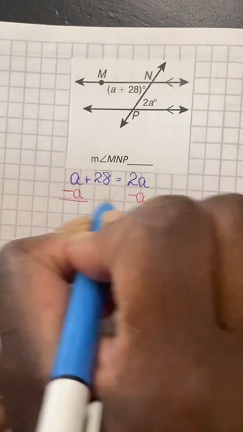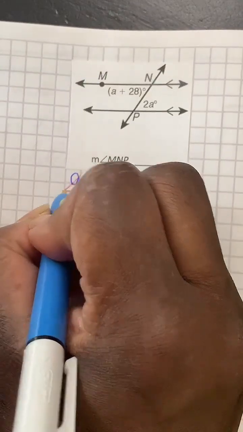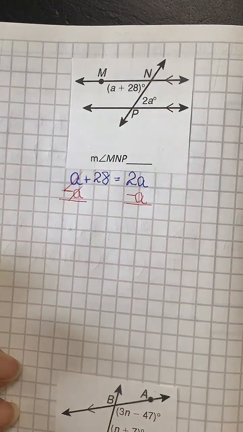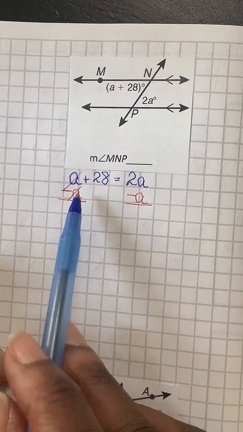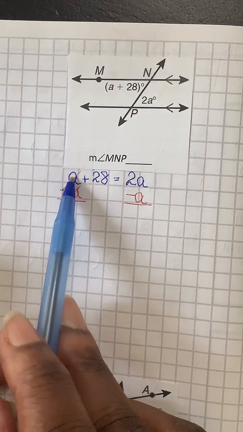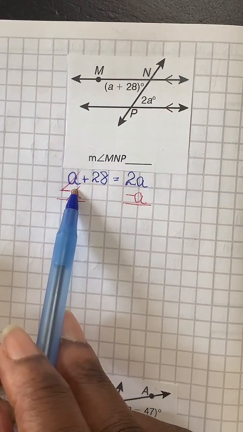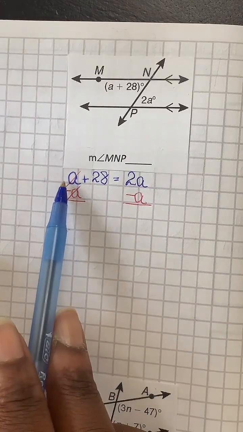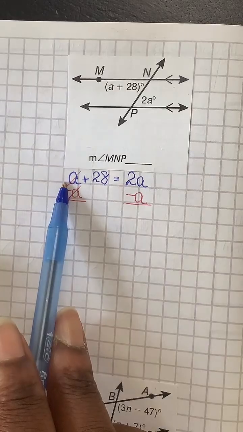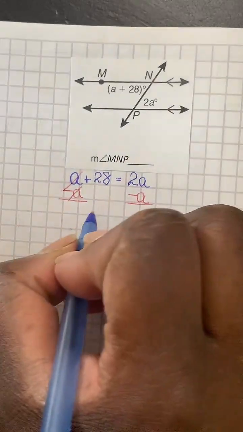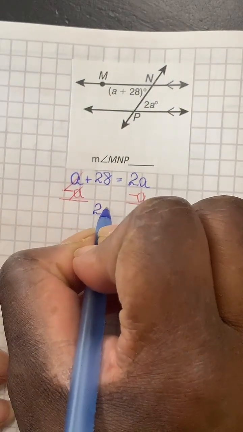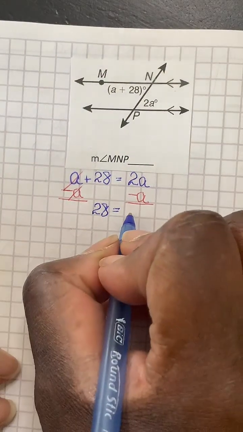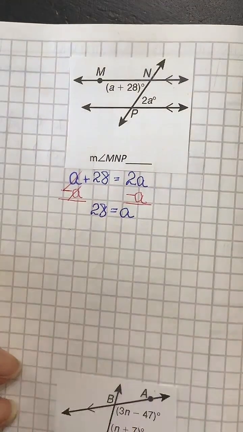And remember, if you don't see a number in front of the A, it's assumed to be 1. A itself is not 1. This is what a lot of teachers screw up at. They're like, oh, A is 1. No, it's not. A is any variable, any number from negative infinity to positive infinity. It's the coefficient of A. If you don't see anything, it will be a 1. So I'm bringing down my 28 equals 2A minus A. That gives me 1A, or just A.